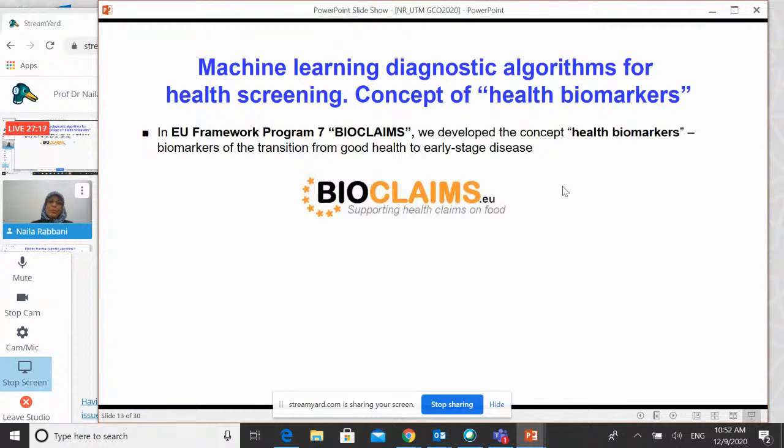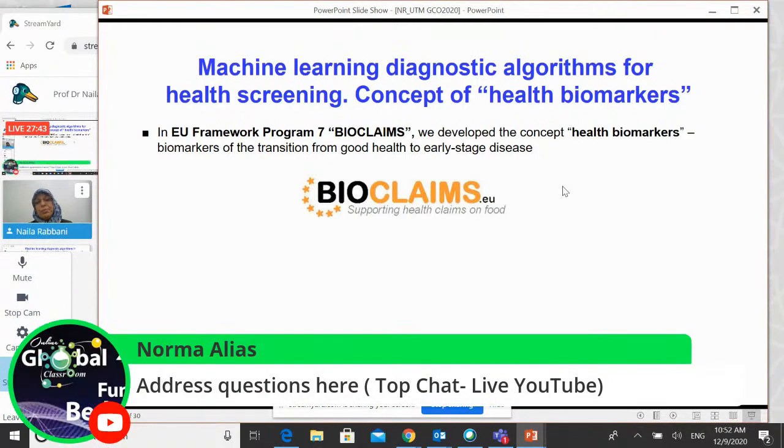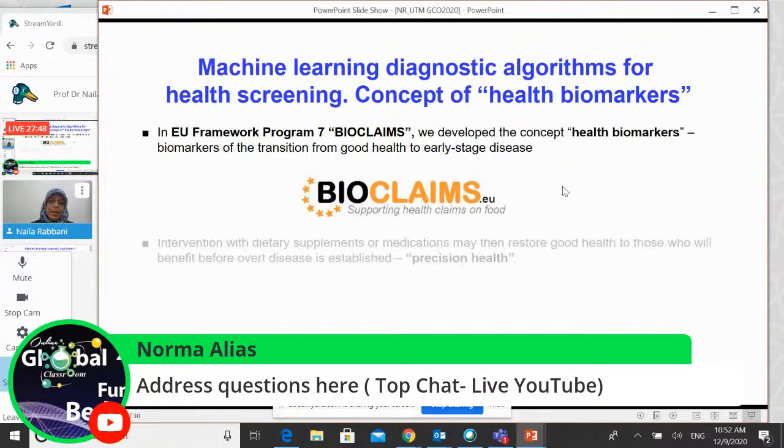So we came up with the concept of health biomarkers in our EU Framework Programme 7 project, BioClaims. What it means is biomarkers of the transition from good health to early stage disease. We wanted to find health biomarkers that tell us if a person is moving from good health to not so good health.